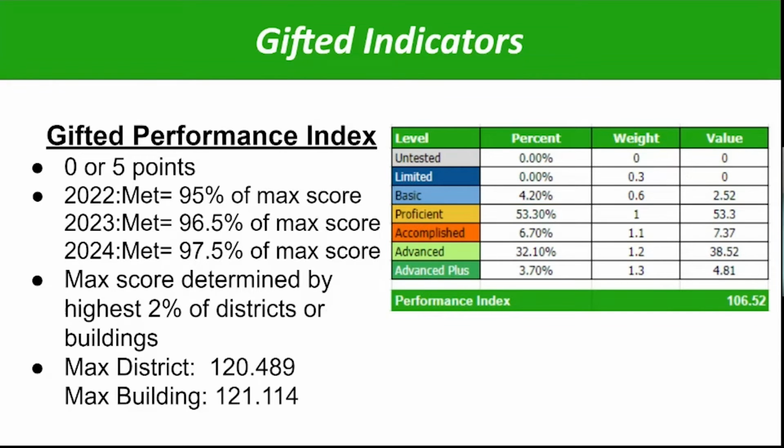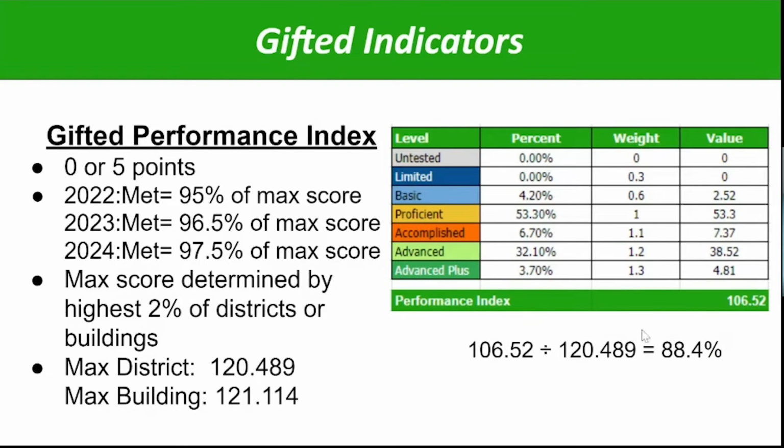Okay. As we look at the performance index, we can see that they're assigning a different weight for each of the areas or each of the performance levels, and that weight increases a little bit every time you move up a level. So for our example right here, we had a performance index of 106.52.